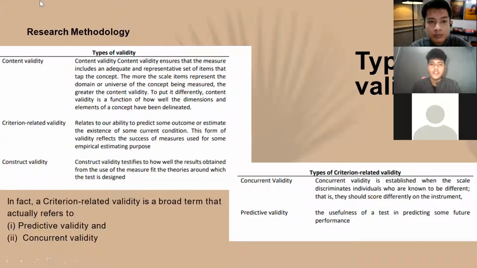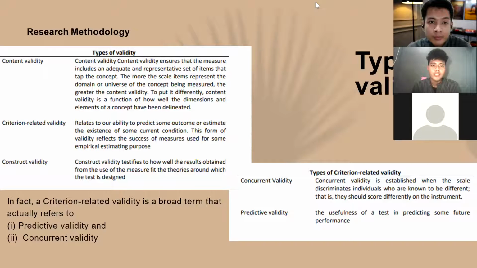Okay, the types of validity are divided into three. The first is content validity. Content validity ensures that the measure includes an adequate and representative set of items that tap the concept.